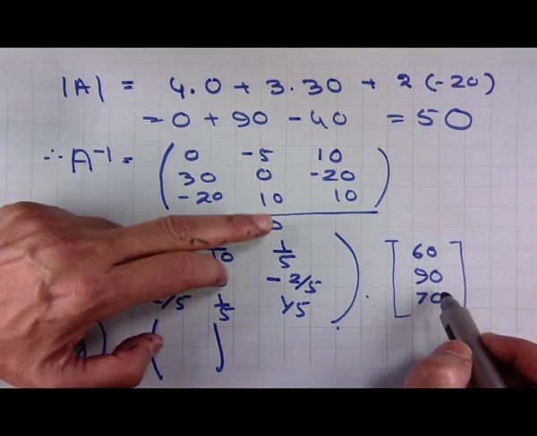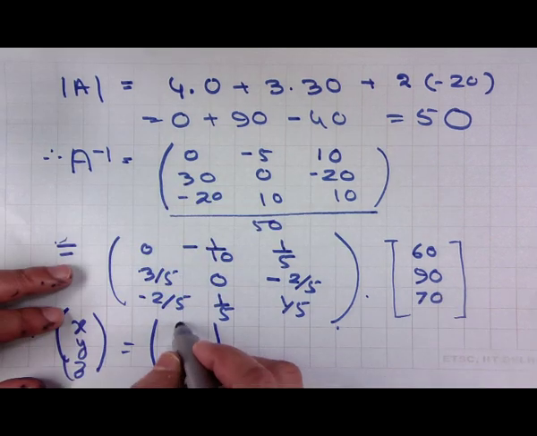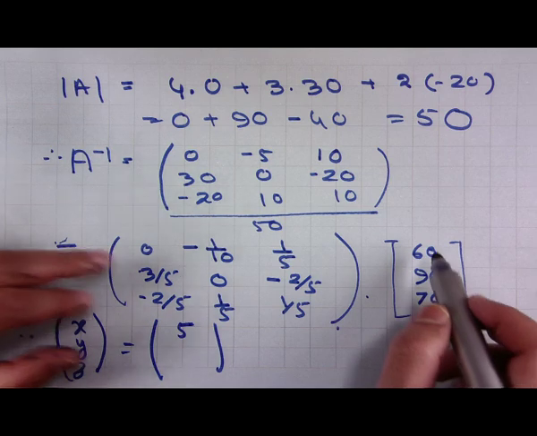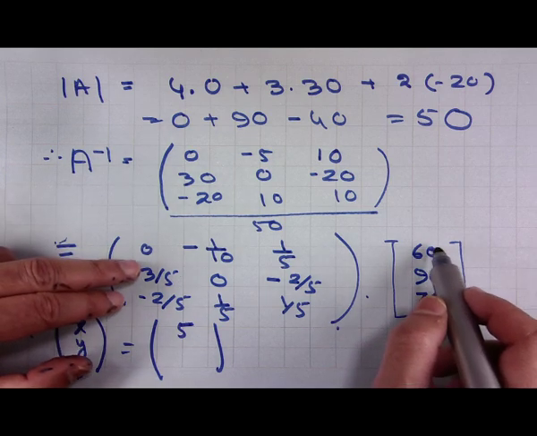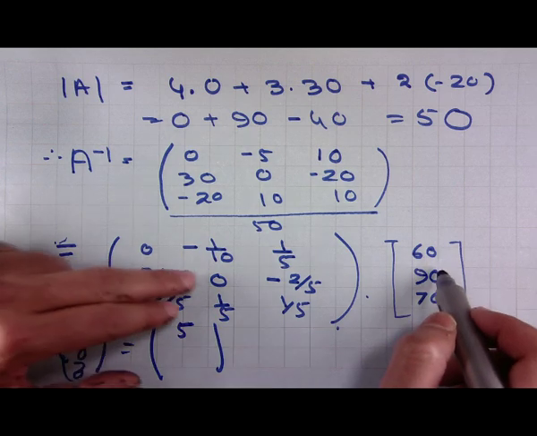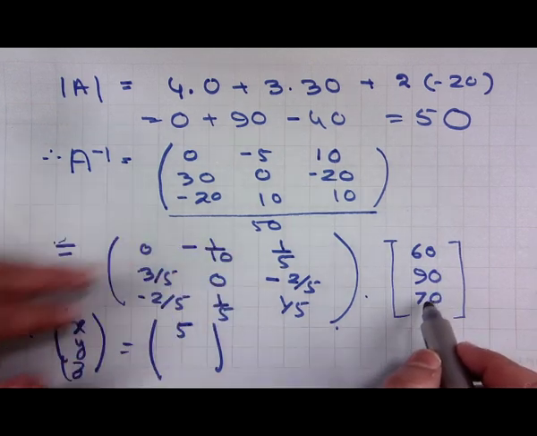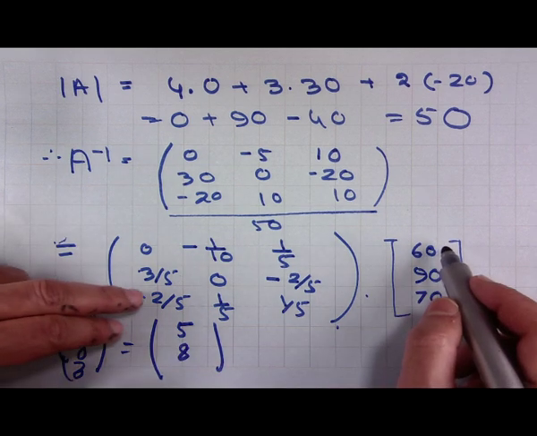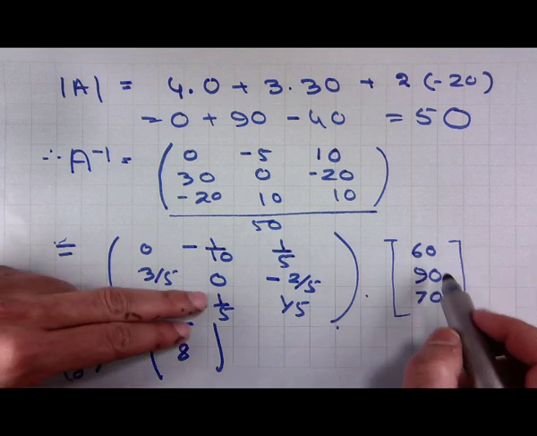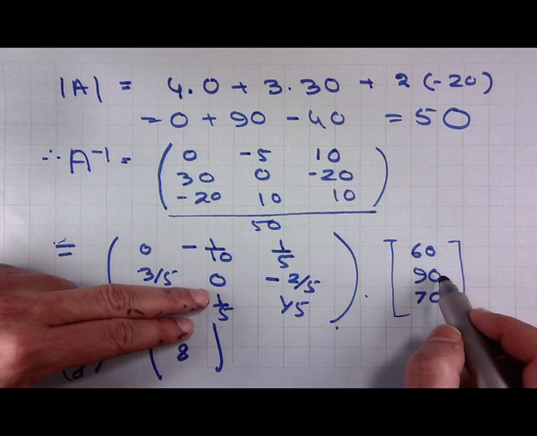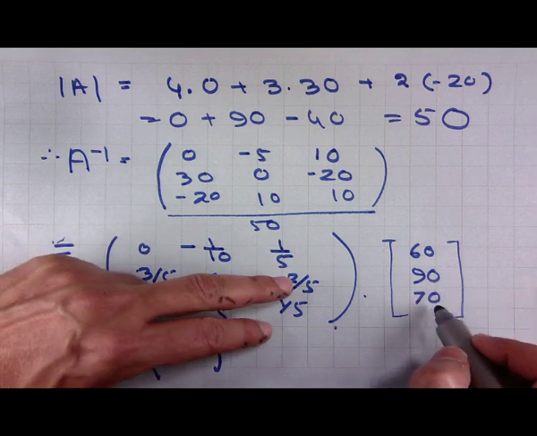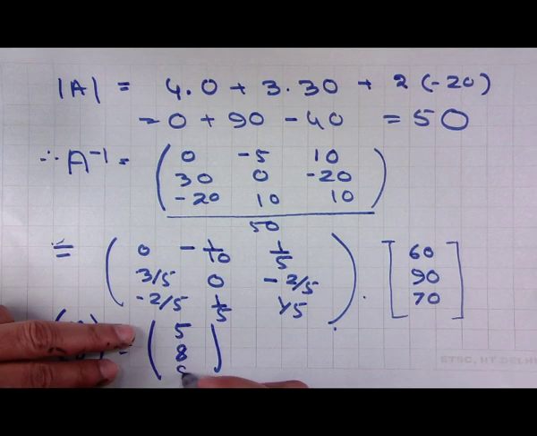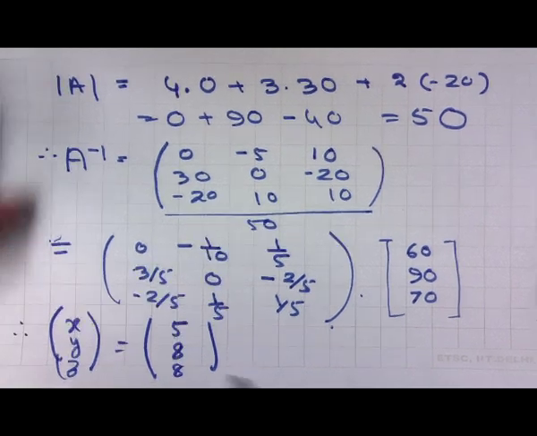minus 9 plus 14 is equal to 5, 36 minus 28 is equal to 8, minus 24 plus 18 is equal to minus 6 plus 14 is equal to 8.